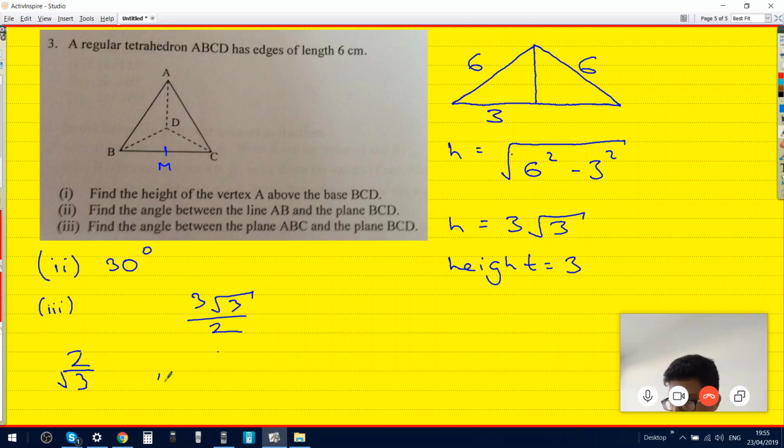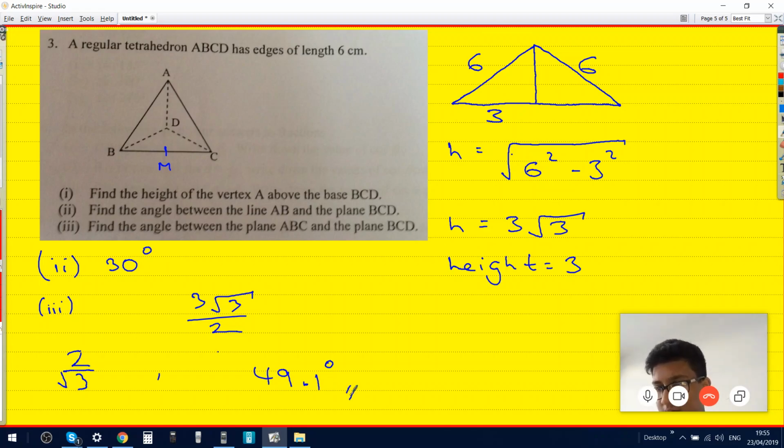Would this be in a calculator paper, this question? Yes. Okay, that's fine. So then you just use tan to the minus 1 of 2/√3, and you get 49.11. Let's say 49.1 degrees.